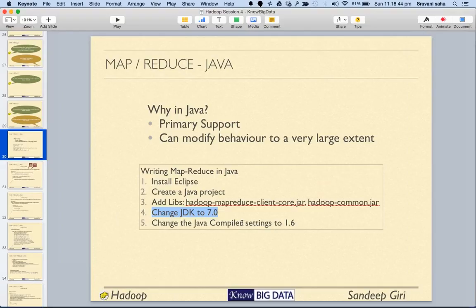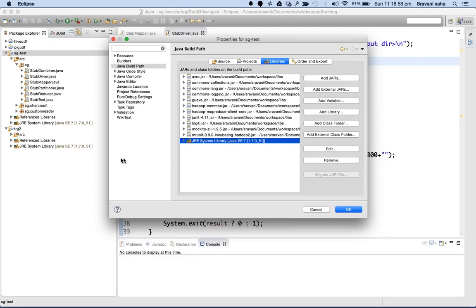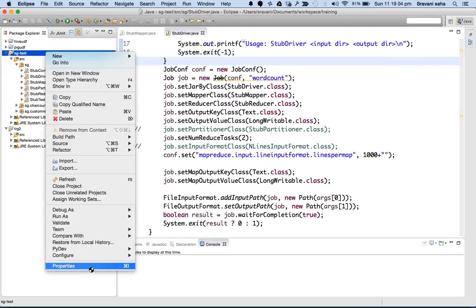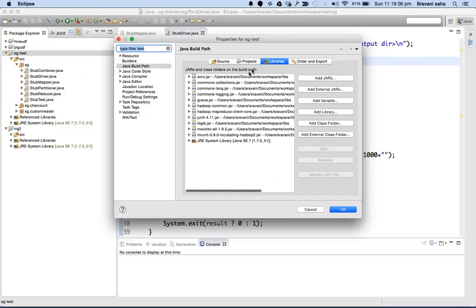So whenever you are shipping your product, not only with respect to Hadoop but in general, you always compile your product for a very low version of Java. So here I'm using, okay, you can see that.